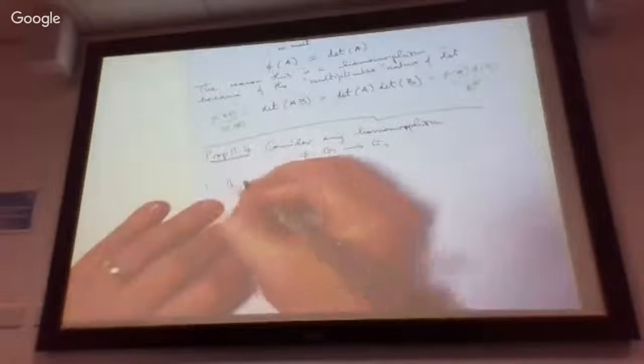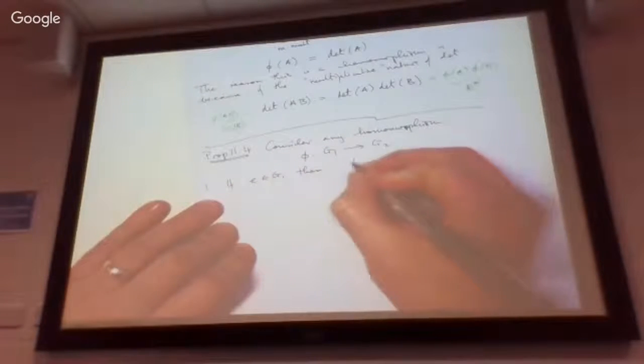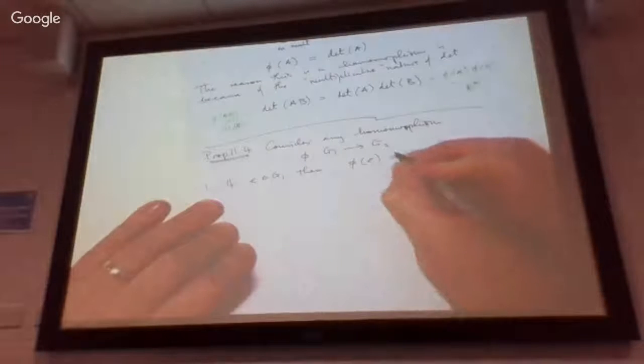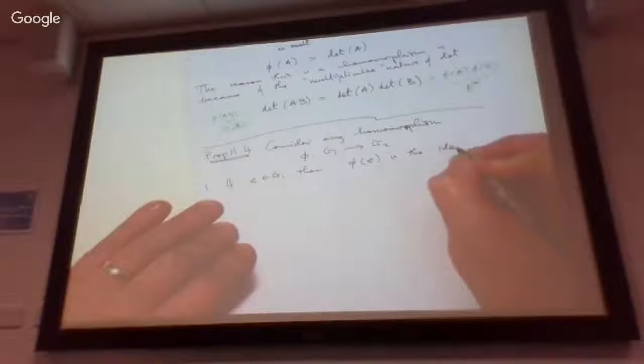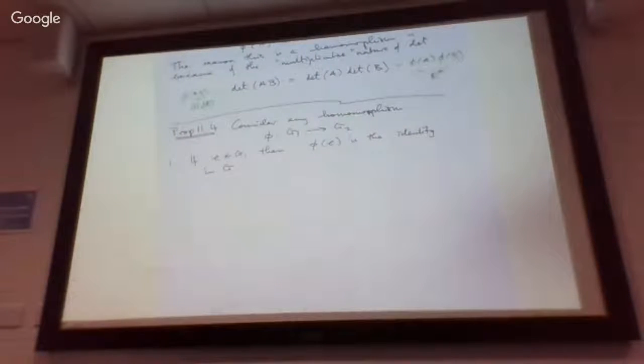So if E is the identity in G1, then phi of E is the identity in G2. Remember, we think of a homomorphism as a mapping that respects the group structure. In the definition, it's presented that it respects the group operation. Phi of a product is the product of the phi's.